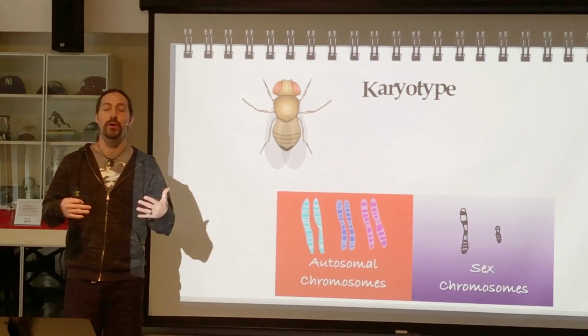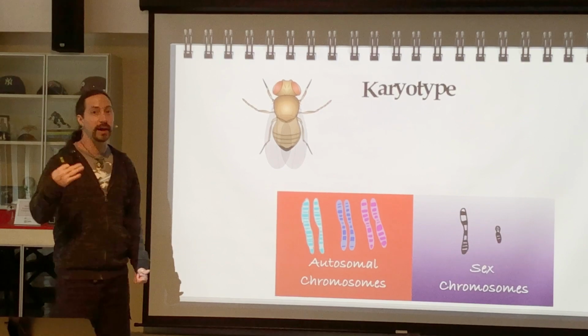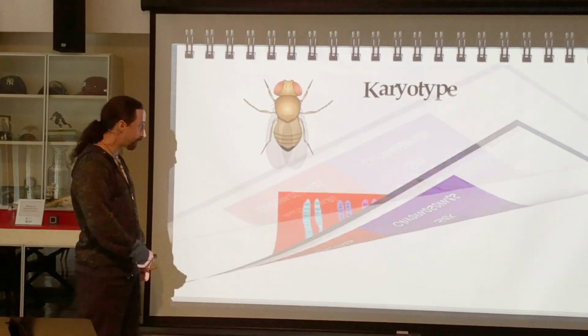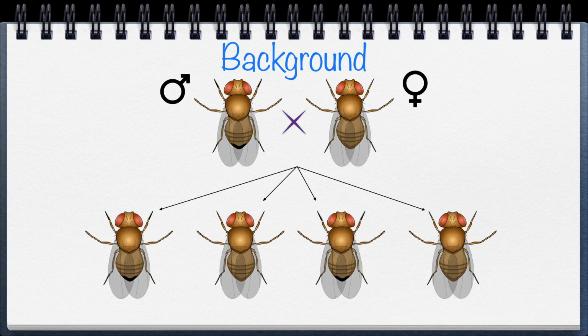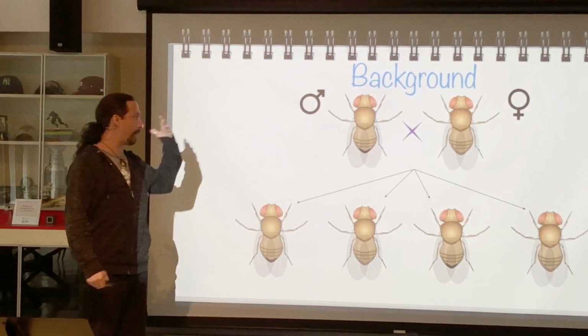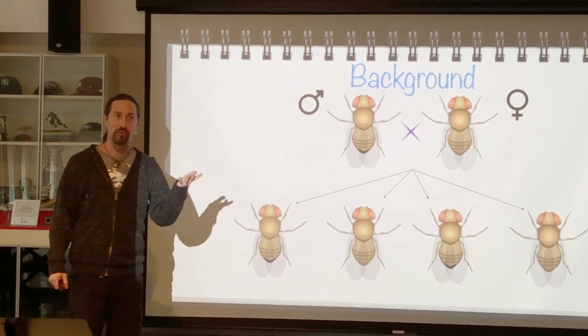And that means that we're going to have some different inheritance patterns if something happens to be on a sex chromosome. How they figured this out is when they were breeding fruit flies, they bred a male and a female and ended up with all red-eyed fruit flies. Which makes sense because the fruit fly parents both had red eyes, and so all the offspring also had red eyes.